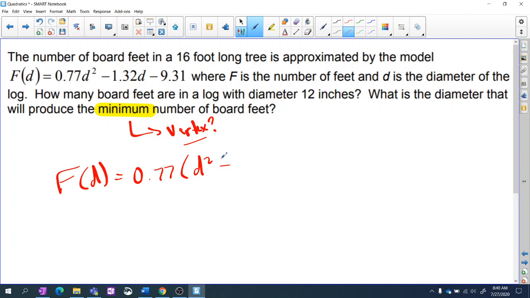divide that by 0.77 and I get 1.714. So remember, carry 3 decimals. 1.714 d plus, leave room, subtract 9.31. We're going to take half of this number and square it. Divide that by 2 and square it. 0.735.